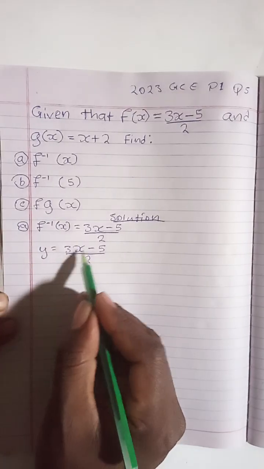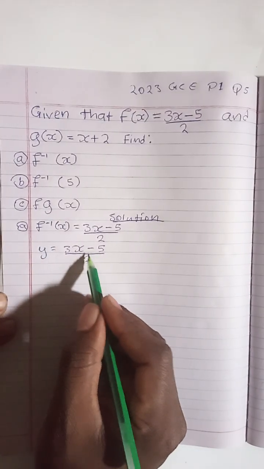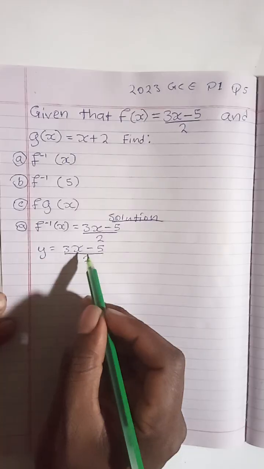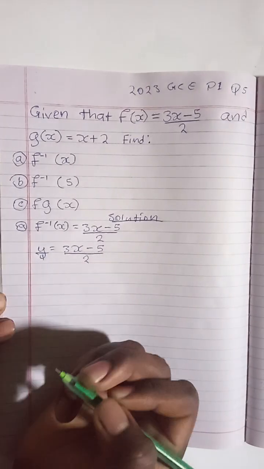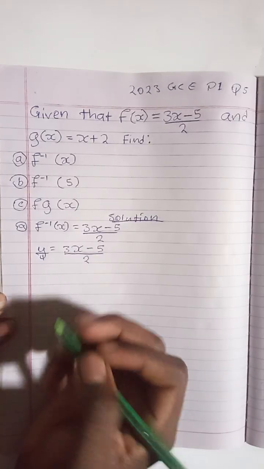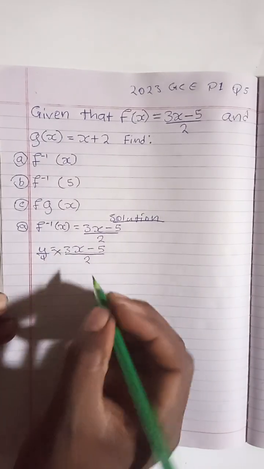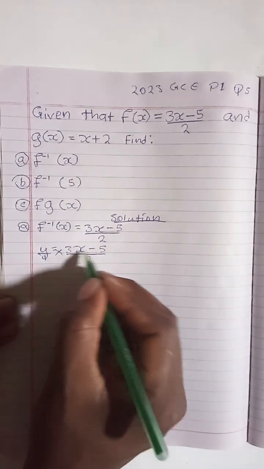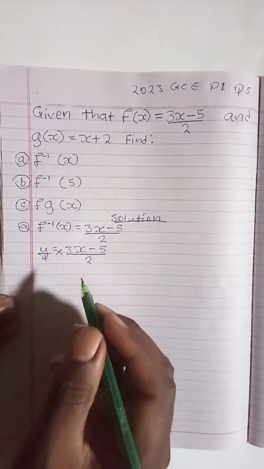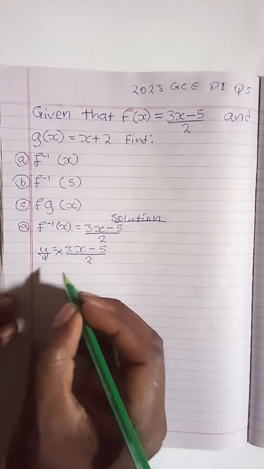Since this is a fraction, we have to balance here also. It has to be a fraction. So here we are going to do multiplication. 1 times everything here will be the same, because any number times 1 is the number itself.